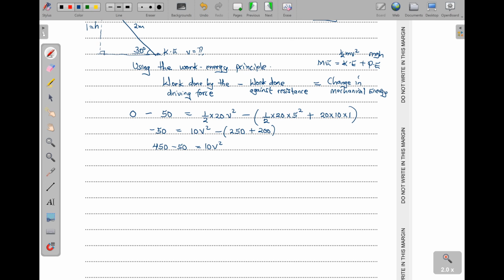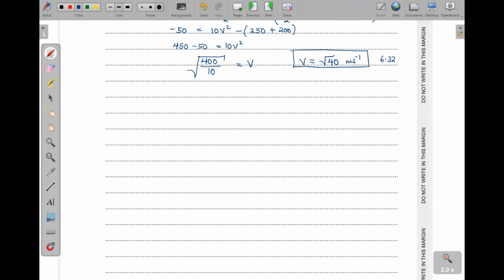So we have 400 here, then we divide it by 10, and then we square root that to get v. So v is going to be equal to the square root of 40. You can leave it like that, or you can put it in 3 significant figures, which is 6.32. Okay, next, I can use an alternative method, the one of forces.